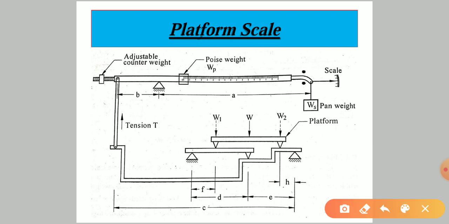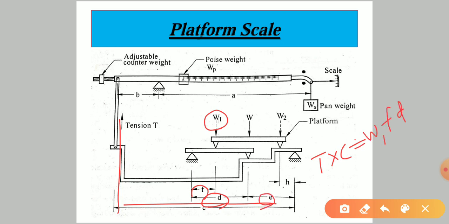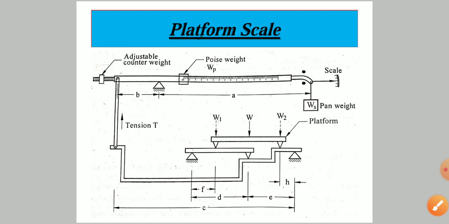The tension T into C will be equal to W1 F by D into E plus W2 into H. So those will be the two equations.